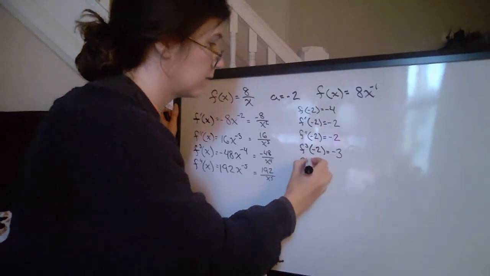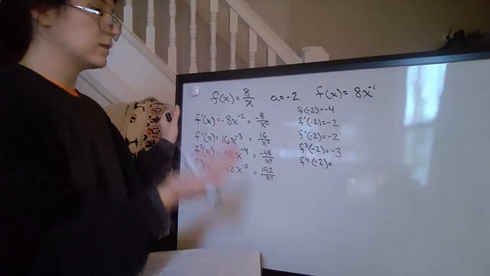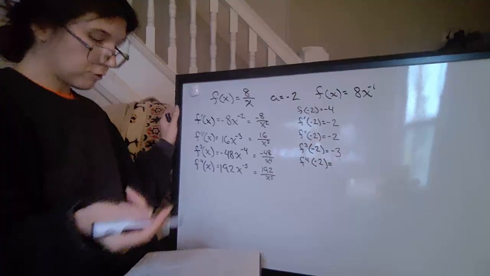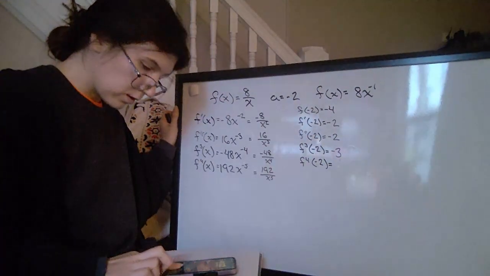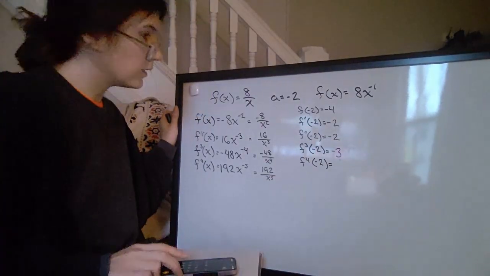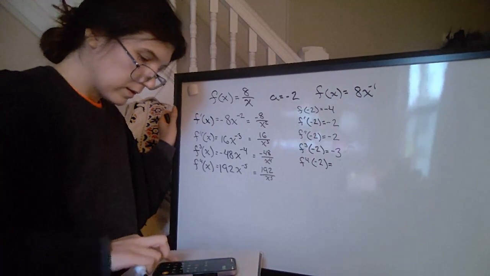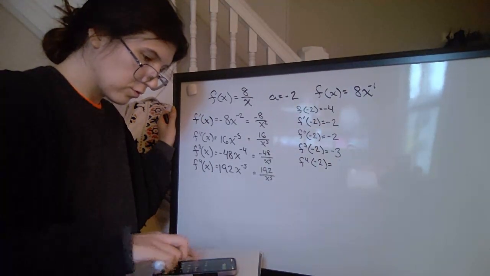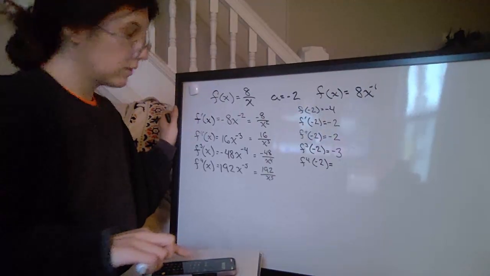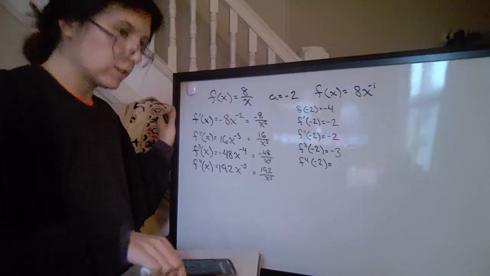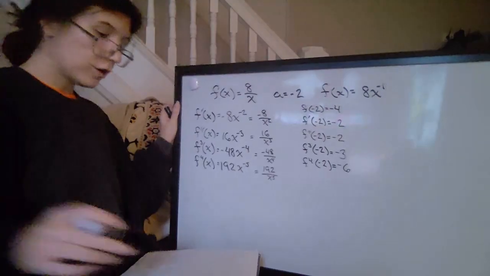And then the fourth derivative is going to be 2, 4, 8, 16, 32, -32. 192 divided by -32, I'll double check this one, is -6. Cool. So there are all of our values.